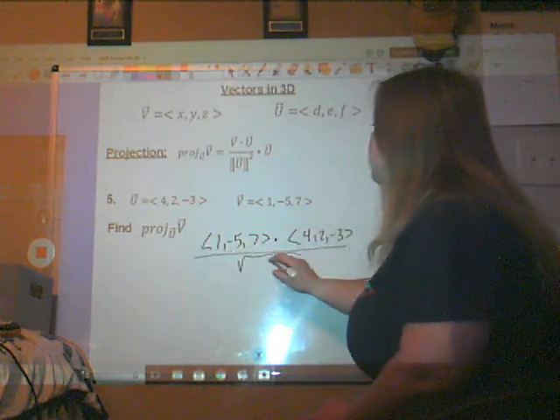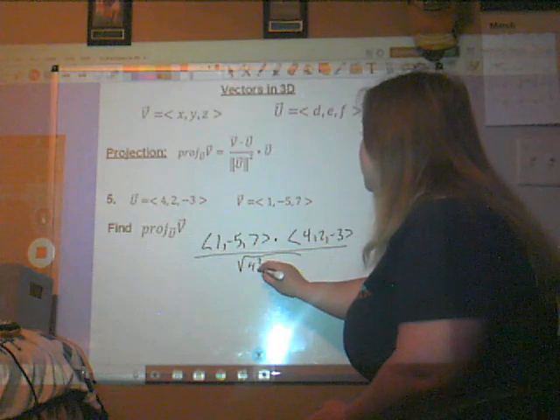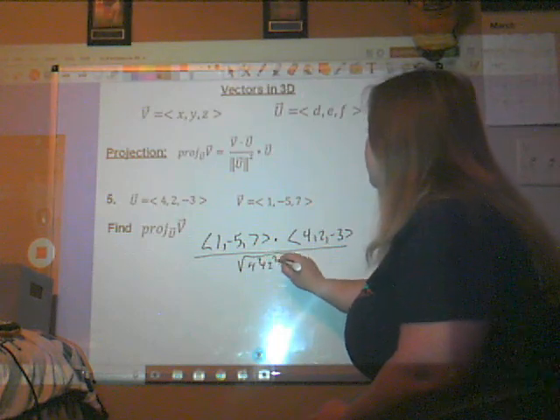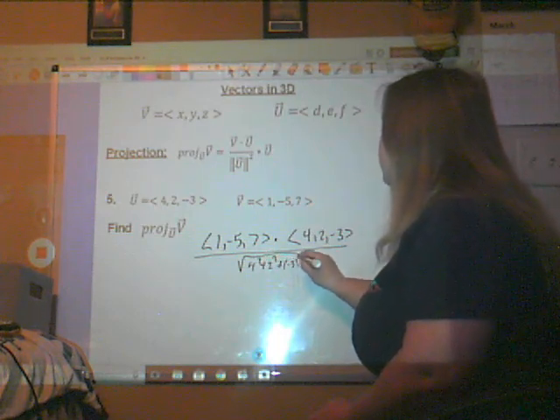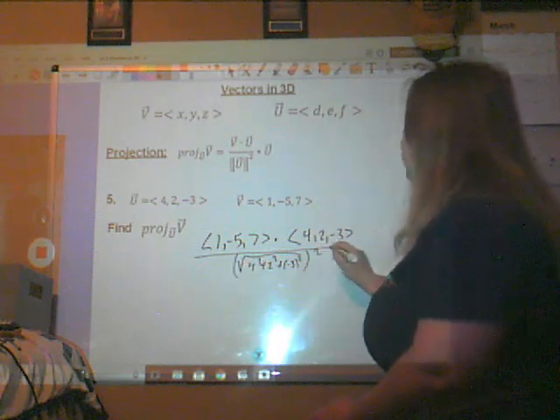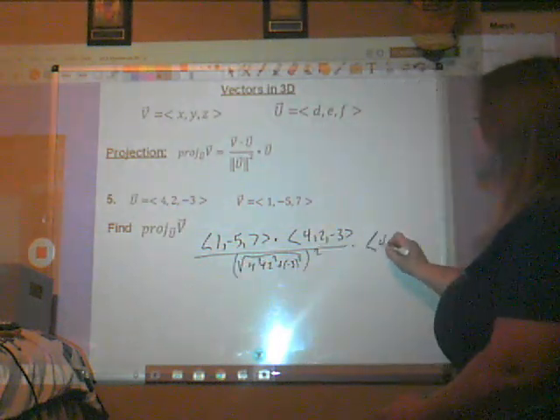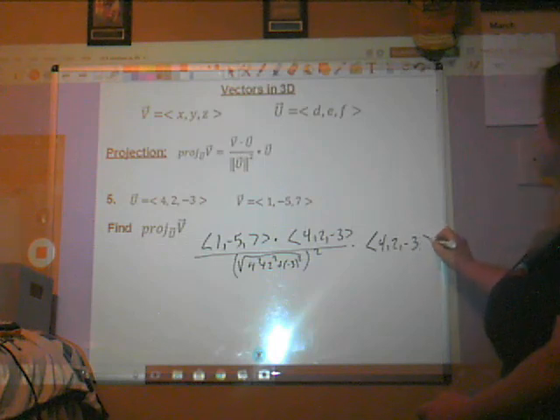So that's the square root of 4 squared plus 2 squared plus -3 squared. All of that is squared. Dot u, which is 4, 2, -3.